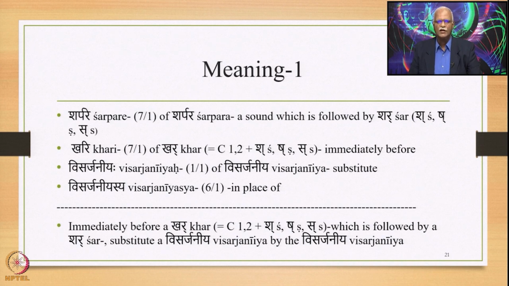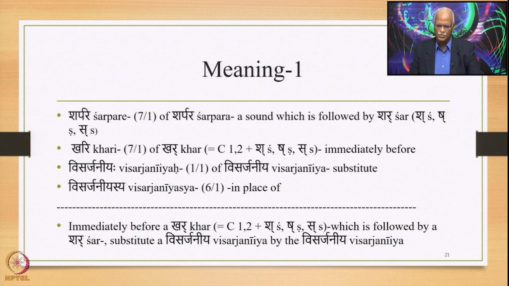Shar, Paraha, Yasya. Khari is 7/1 of Khar, and Khari means immediately before. Sharpare is the qualifier of Khari. So Khar should be such that it is followed by Shar. That is the meaning that is arrived at after we combine both these words ending in the same case.